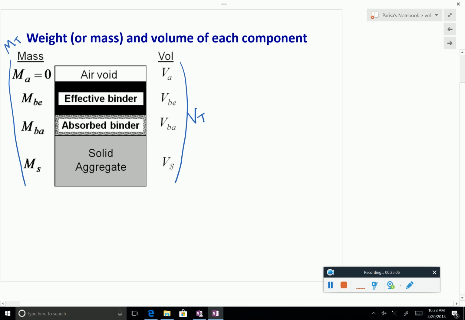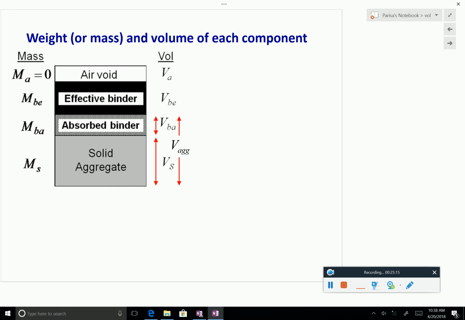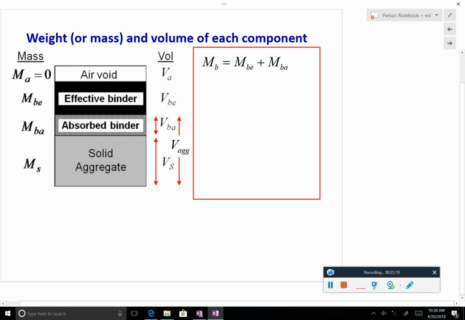Some of the obvious things that we can see here are, for example, the absorbed binder is, if you remember the picture, a part of the volume of aggregates. And the mass of the binder is, of course, the mass of the absorbed and effective. Total mass is mass of the binder plus mass of the solid, which you can write as the summation, so you have this total.